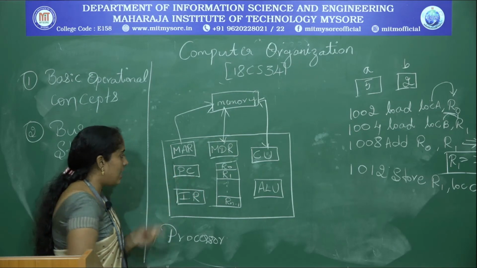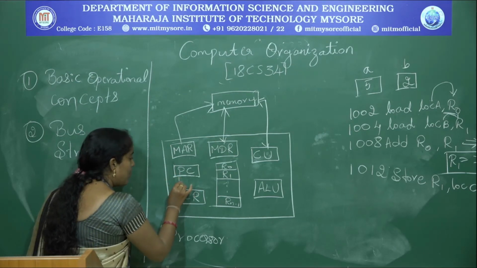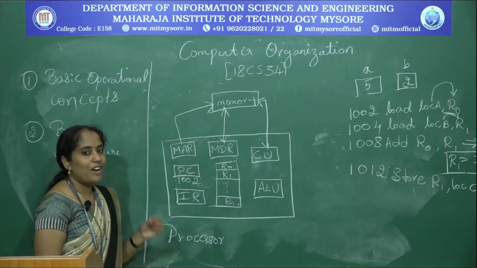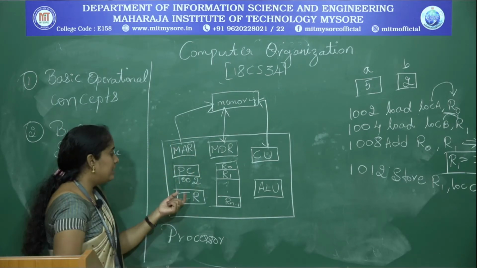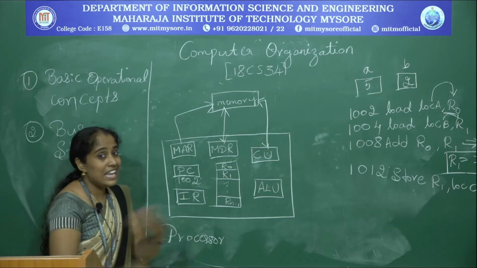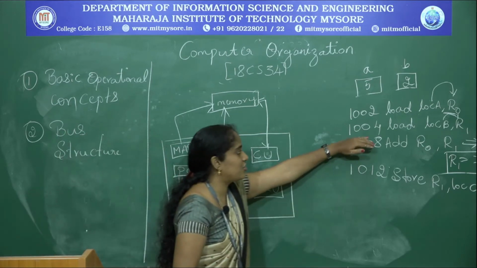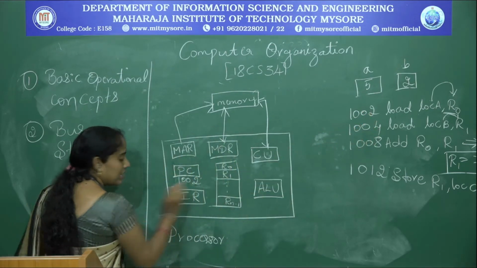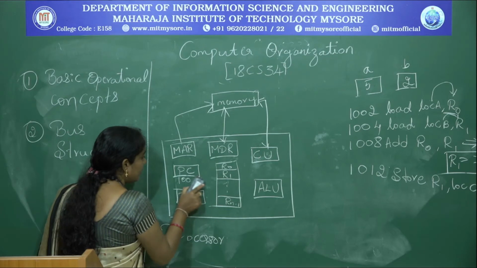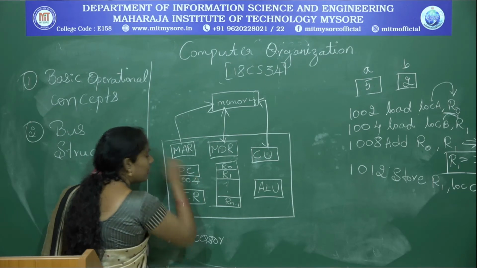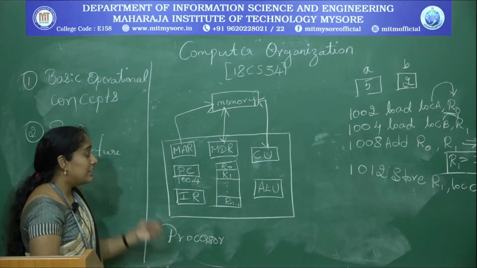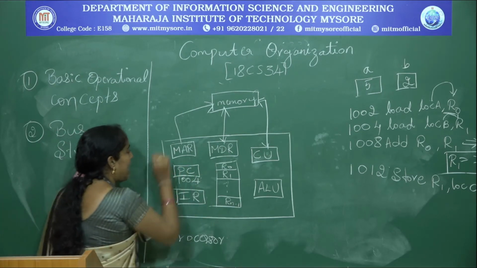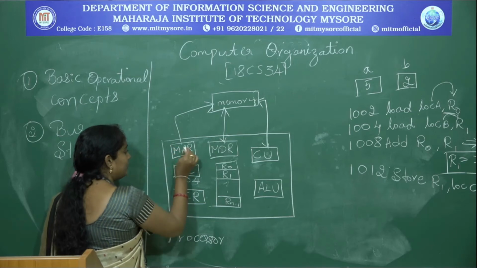So initially the program counter contains 1002. Once it starts executing, this will be replaced with the next instruction address, 1004. Now that 1002 address will be stored here in the MAR.